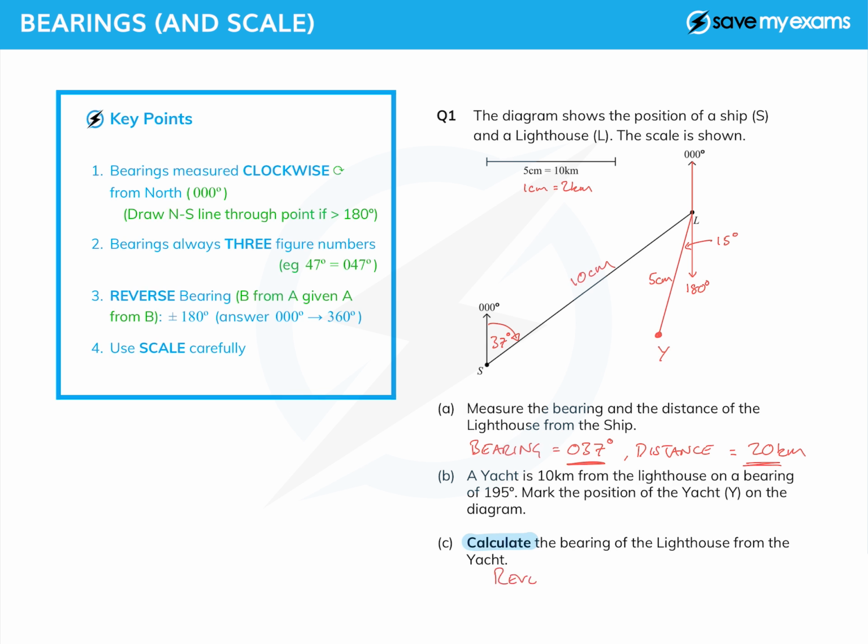Okay, so it is a reverse bearing, and it is going to be the 195 plus or minus, well, it's going to be minus 180. Why minus? Because that keeps the answer in the correct range, and that's 15 degrees, which is a bearing of 015 degrees. So if it says calculate, make sure you show your working like that. And that is bearings.